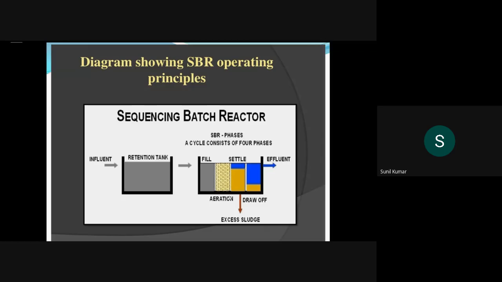Next one is the sequential batch reactor. This is being widely used because it has the advantages of nitrification, denitrification, and phosphorus removal in the same reactor, where less area is sufficient for the treatment of wastewater. Sequencing batch reactors are coming up heavily in wastewater treatment applications.